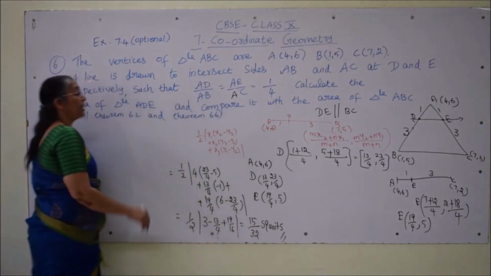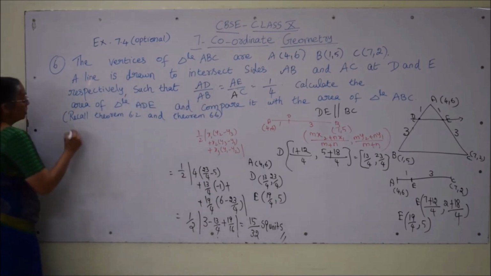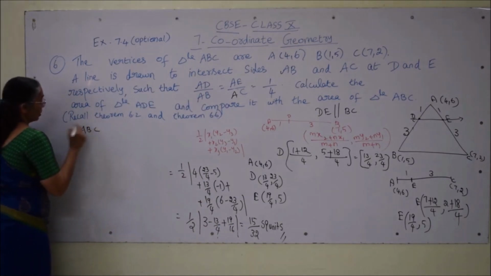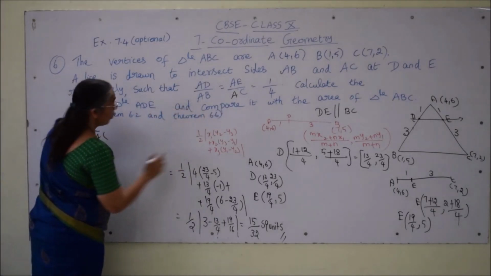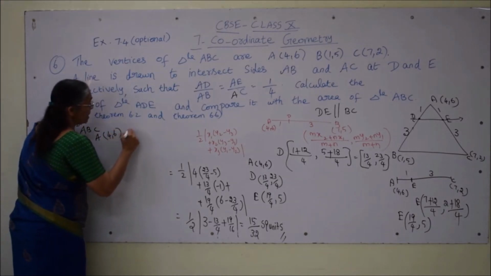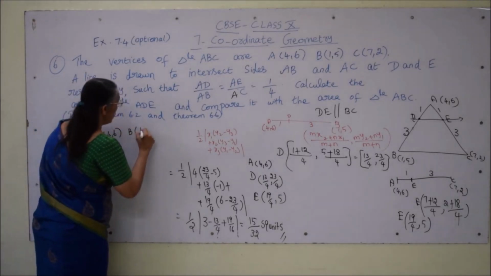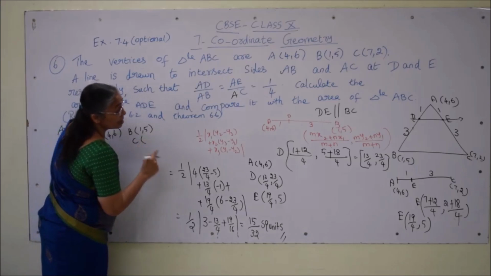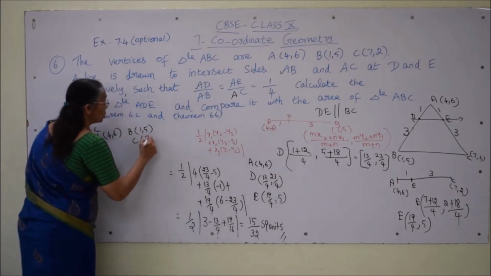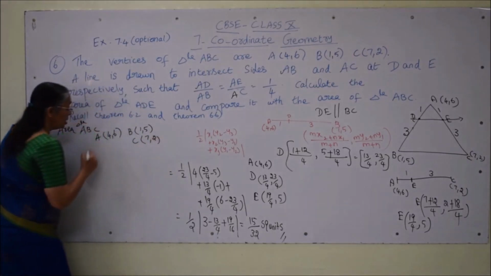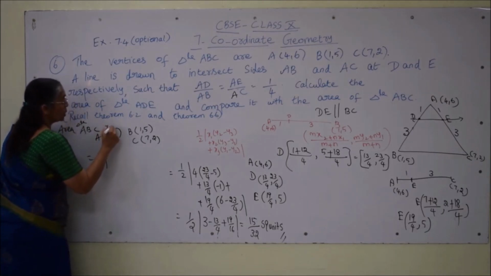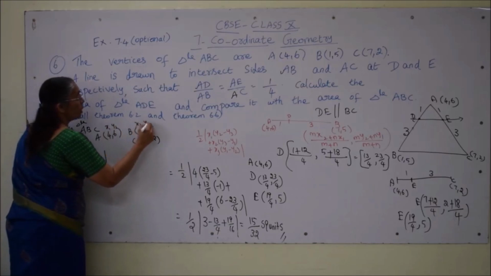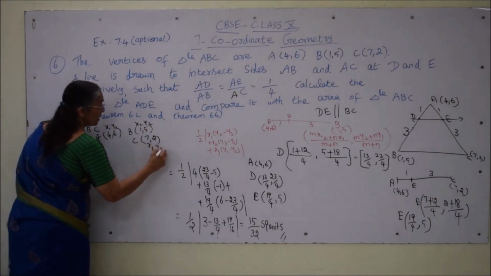Now we have to find the area of triangle ABC. So area of triangle ABC, A vertex is nothing but 4,6 and B vertex 1,5, C vertex 7,2. So again using same formula, its area is half into modulus of, this is x1, y1, x2, y2, x3, y3.